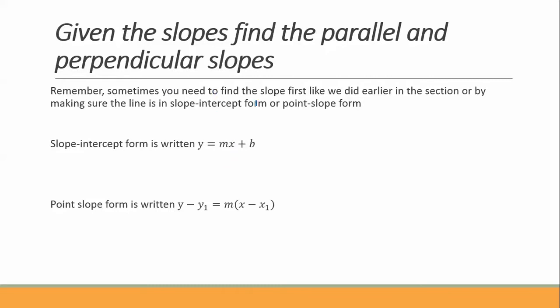Remember, sometimes you need to find the slope first, like we did earlier in the section, and then make sure you put the line in slope-intercept form or point-slope form. So recall, this heading is wrong, I'm sorry, we're talking about how to write equations now.